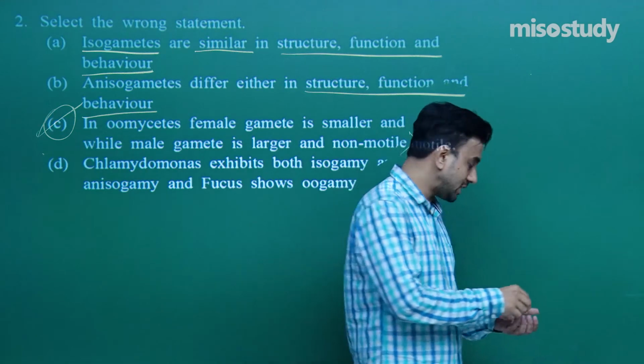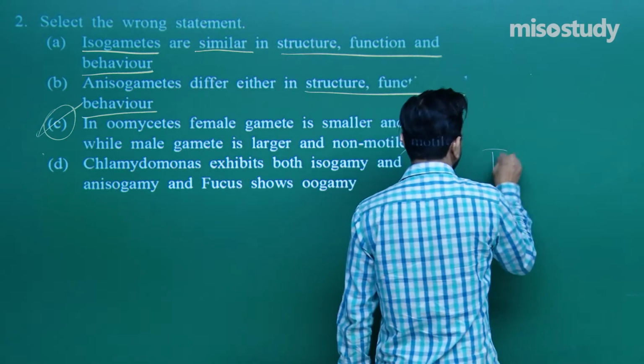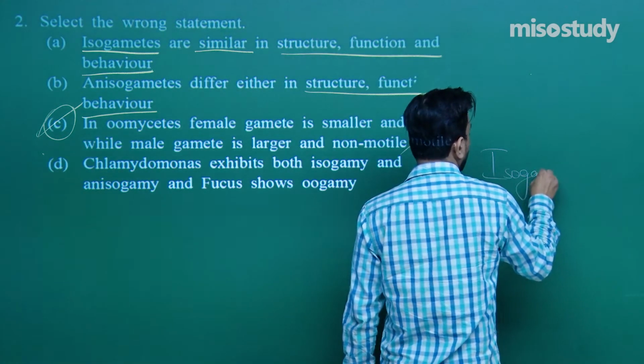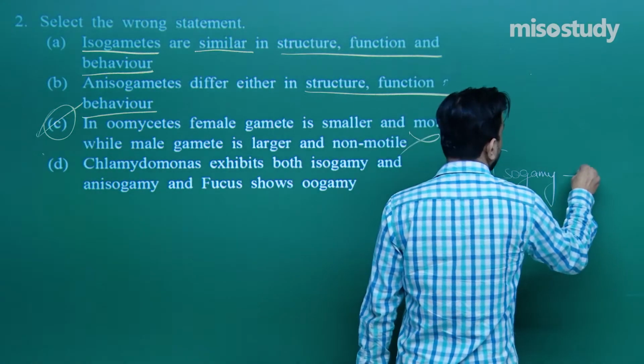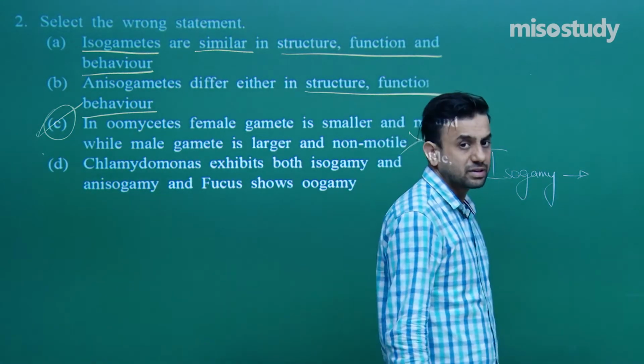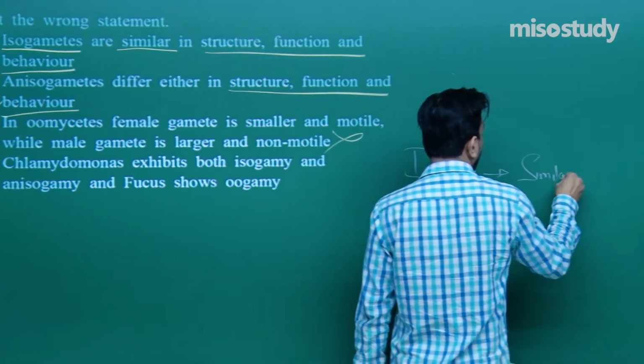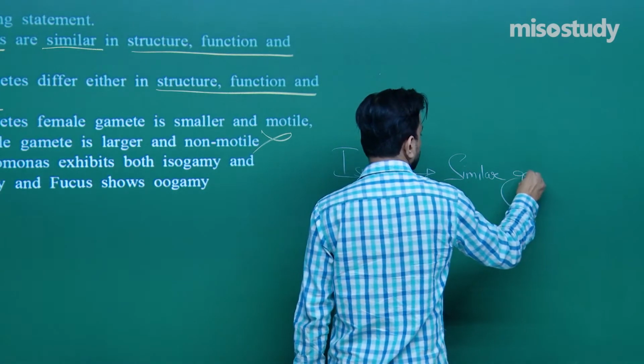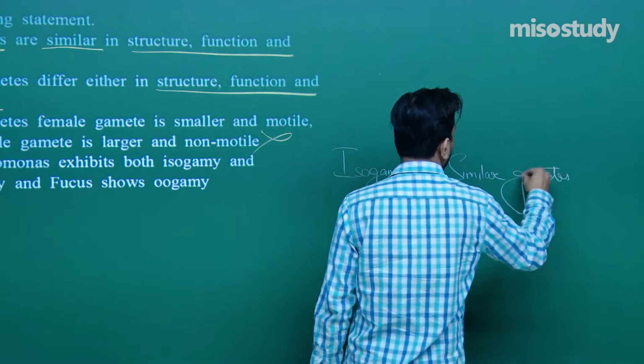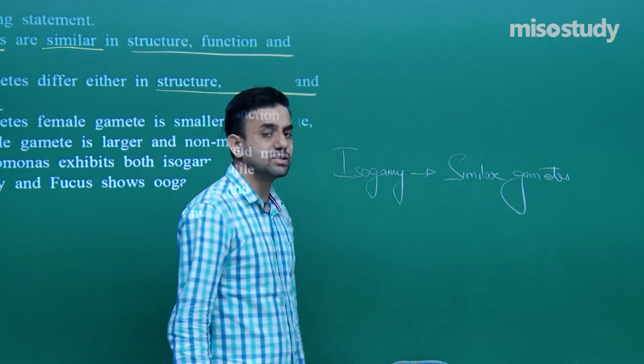There are three types of conditions we know. Isogamy, as I told you, is similar gametes.